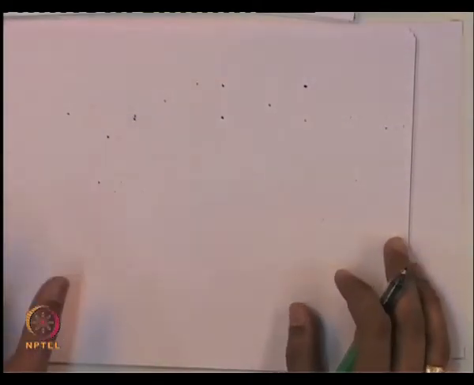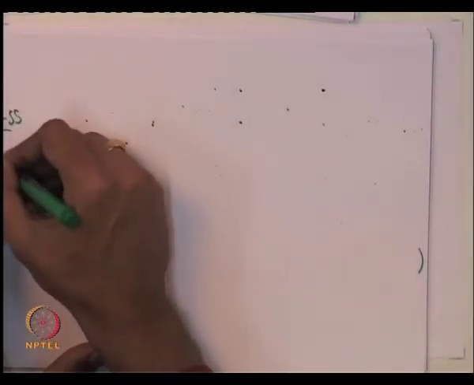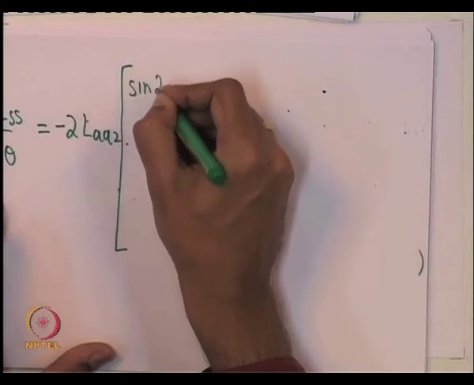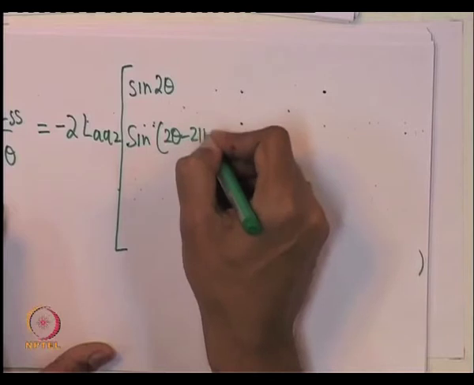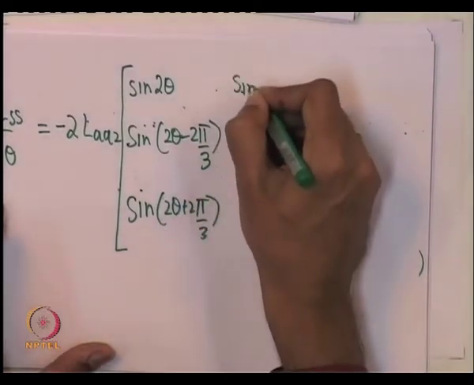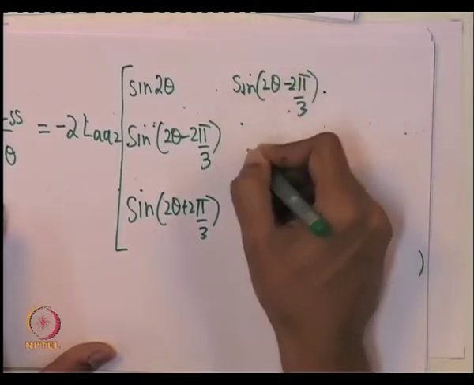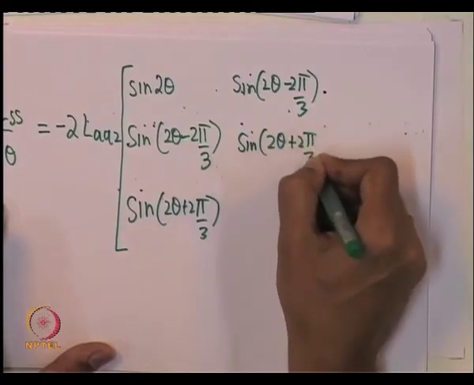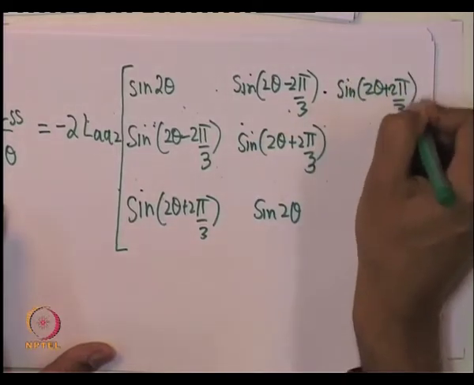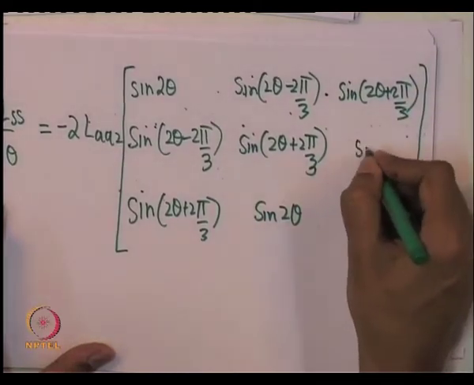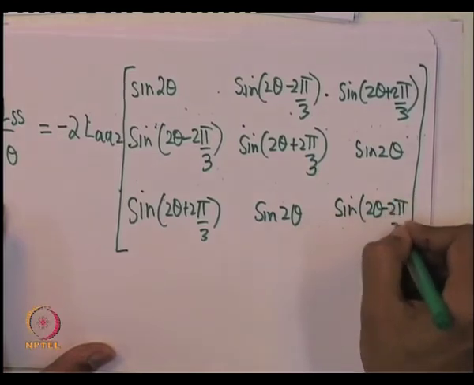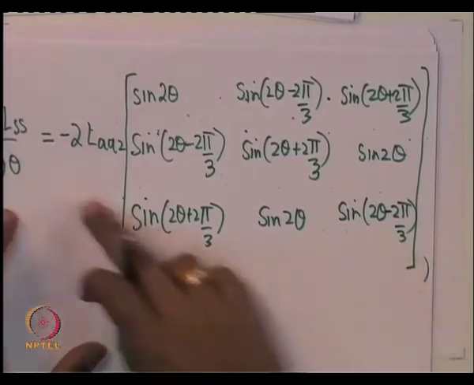I will just write, so d LSS by d theta is equal to minus 2 LAA2 sine of theta, sine of 2 theta, sine of this is this LSS by d theta.